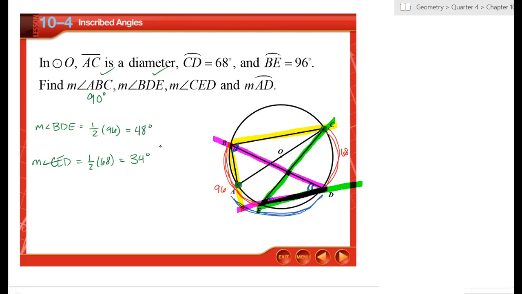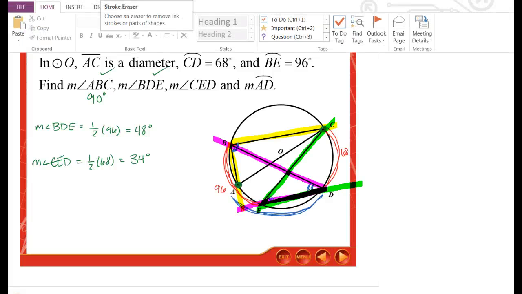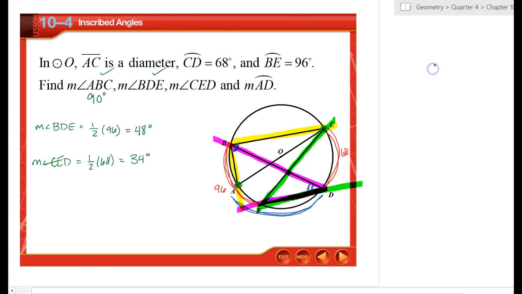And now I want to find arc AD. Well, if I look, I'm going to erase some of this that I've done to make it a little bit clearer. AD is this blue one. Well, I don't have an angle that has created AD, so I can't look at that.